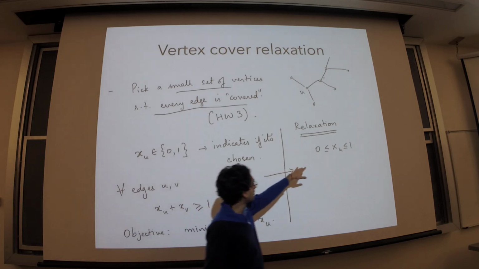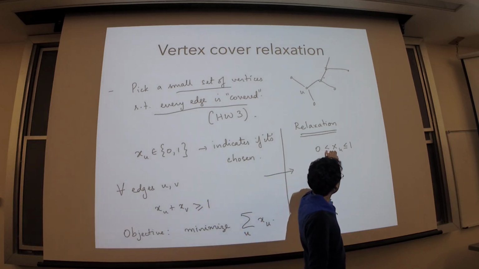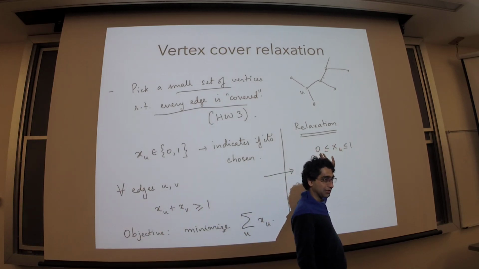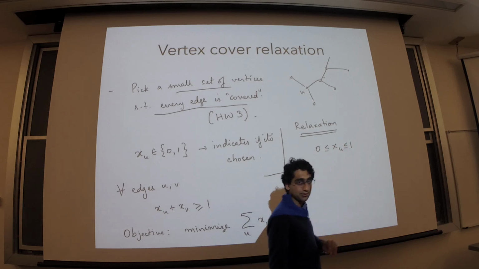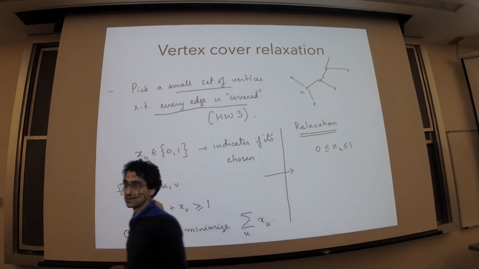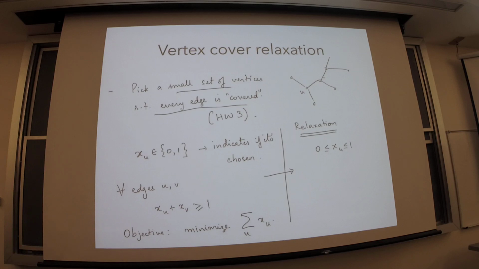These are two constraints, and they just say xu should be bigger than or equal to 0, xu should be less than or equal to 1. And each one is just a linear constraint. And then you also have for all edges xu plus xv bigger than or equal to 1. And the objective.